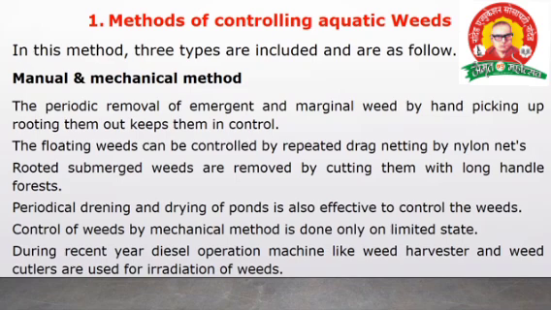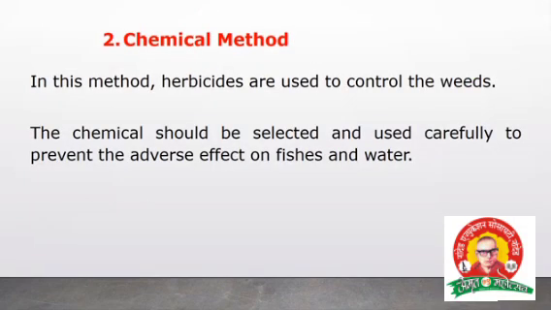Control of weeds by the mechanical method is done in limited states. In some states they can use the mechanical method also, meaning recently diesel-operated machines like weed harvesters can cut weeds. The next one is the chemical method.